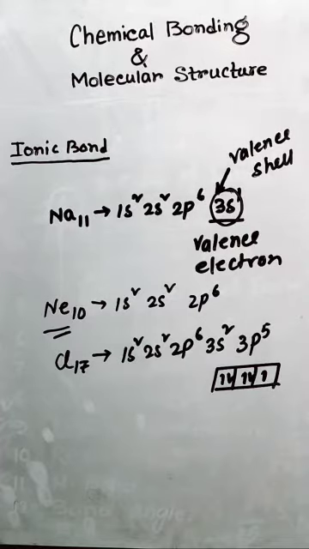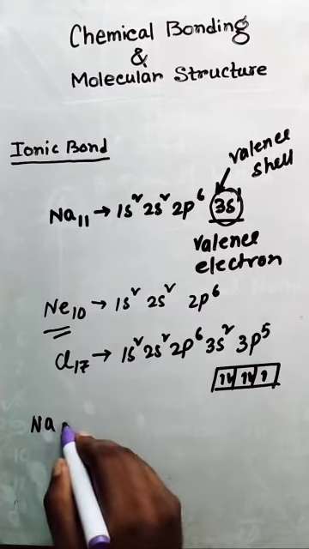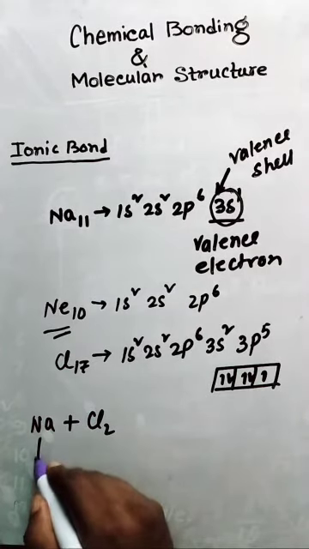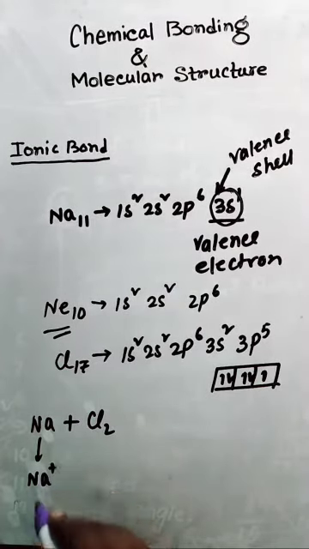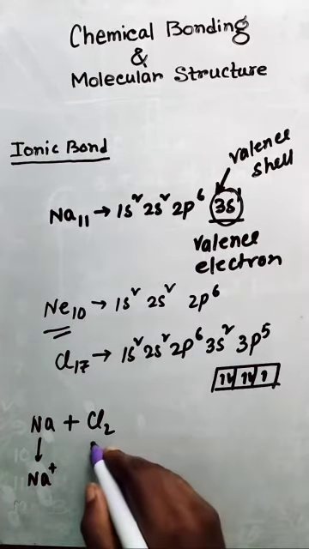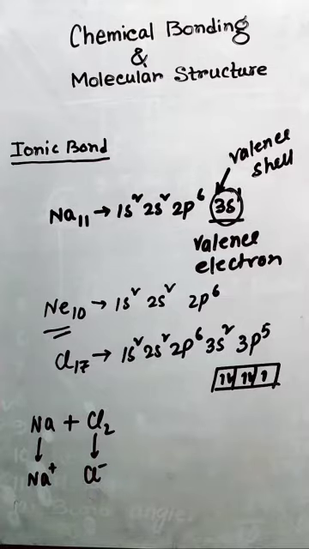So when sodium reacts with chlorine, sodium produces Na plus because it is a stable cation, and chlorine produces Cl minus anion because it is also a stable anion.